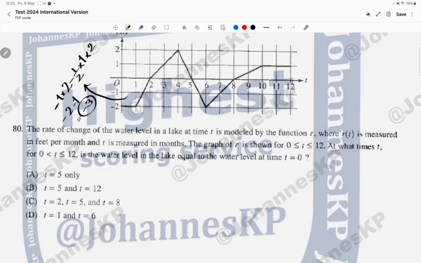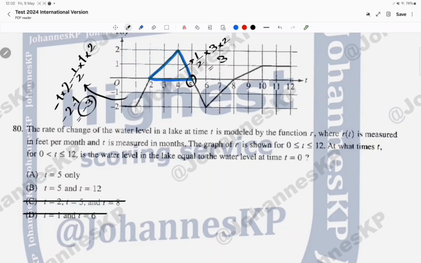And now pick an area above the x-axis that's also a 3. So they cancel out, right? Let's see this triangle. Half base times height. That's a 3. So they cancel out when the time is 5, correct? Yeah. And become 0. So T of 5 has to be there. So it's not going to be D. Okay? And there's nothing before time 5 that makes it 0. So it's not time 2. So now it's either going to be A or B.